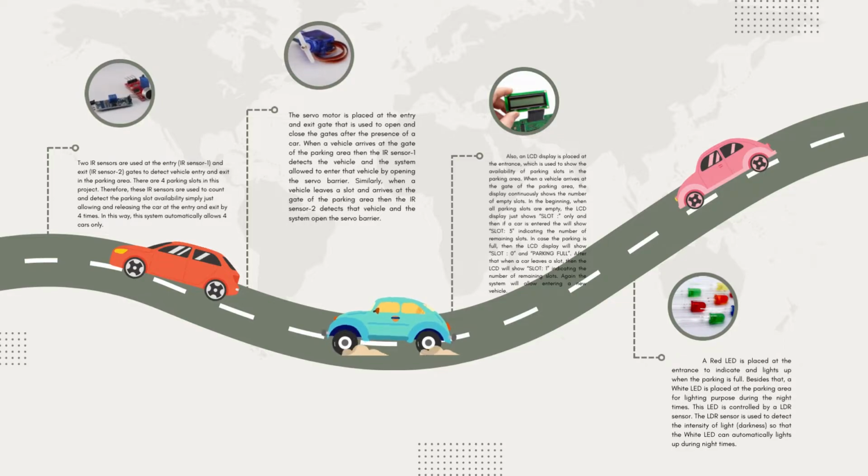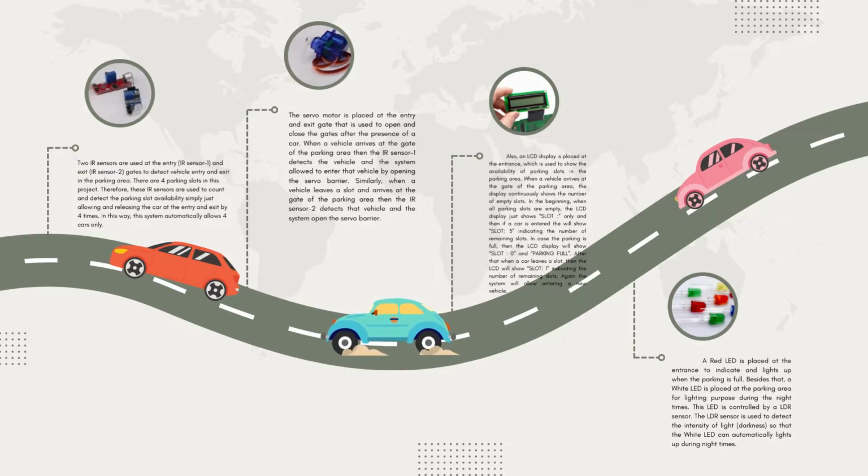In case the parking is full, then the LCD display will show slot 0 and parking full. After that, when a car leaves a slot, then the LCD will show slot 1, indicating the number of remaining slots. Again, the system will allow a new vehicle to enter.